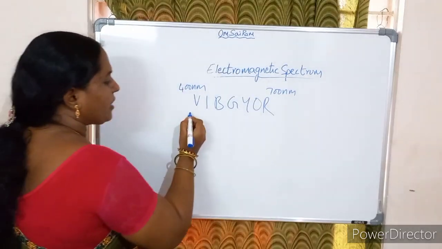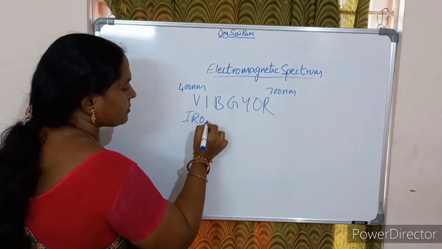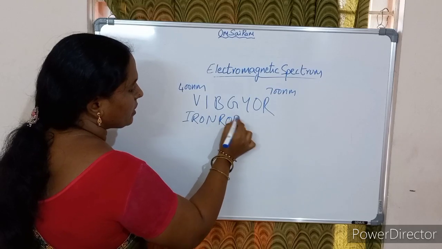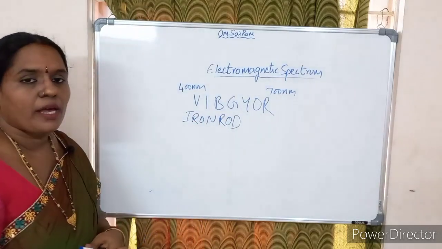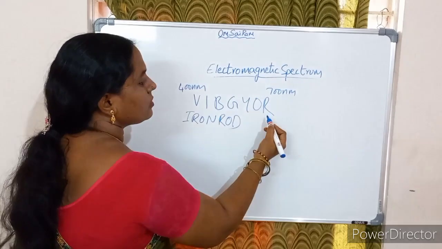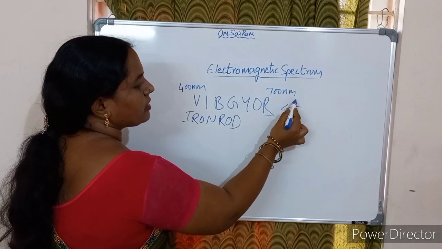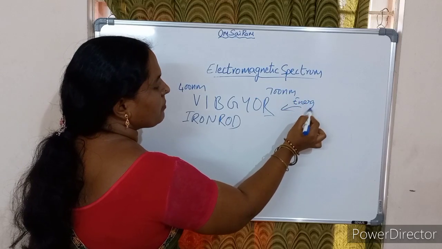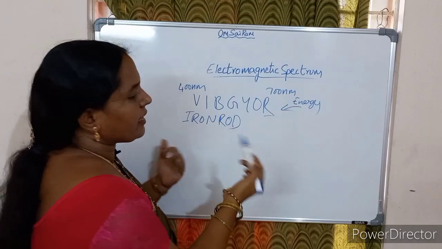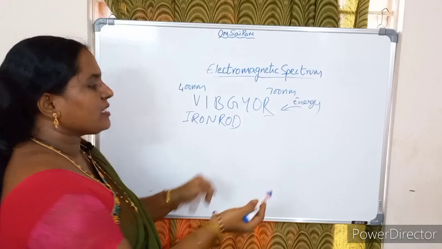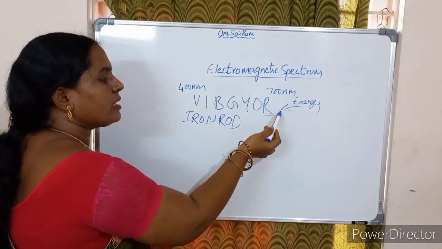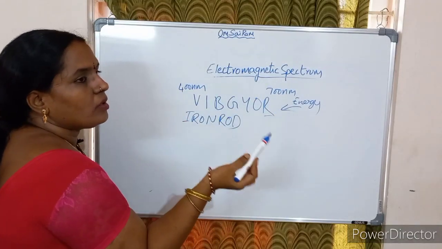If we heat an iron rod, what happens? First it turns red, because we are supplying energy. It is taking the energy in the form of heat, and first the electrons get disturbed.